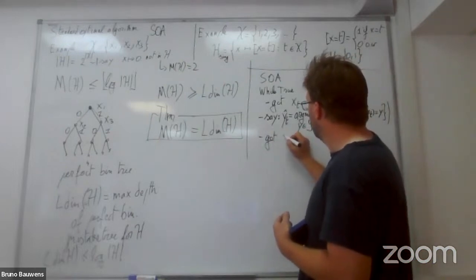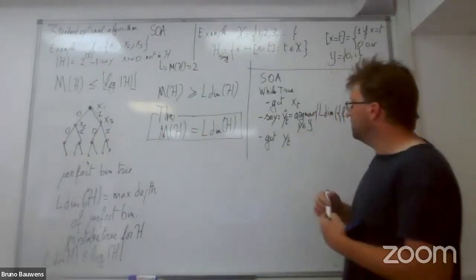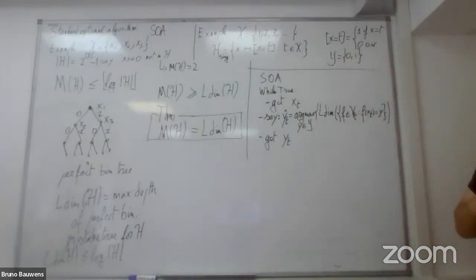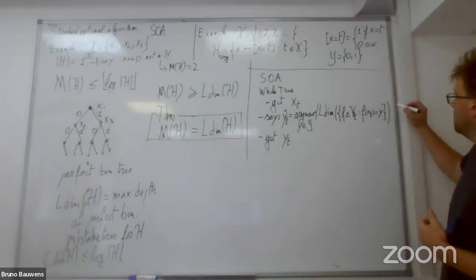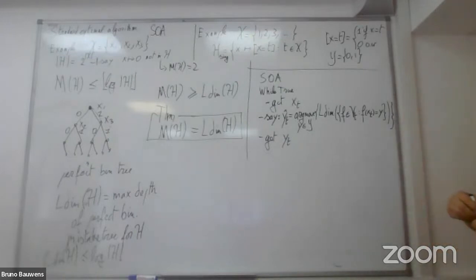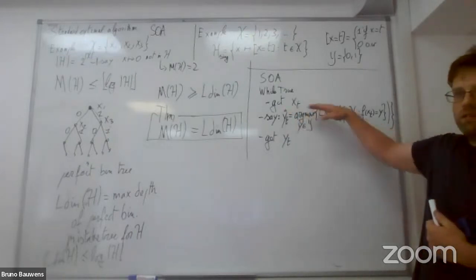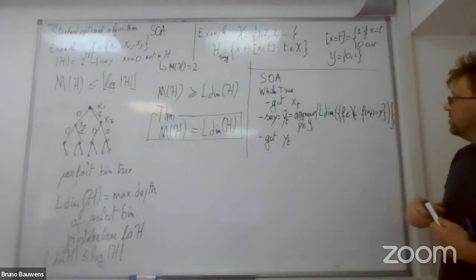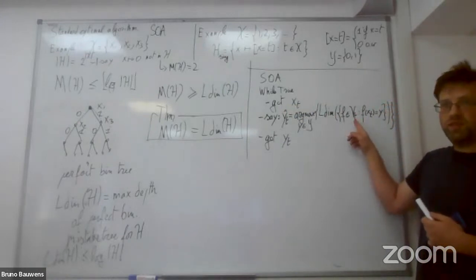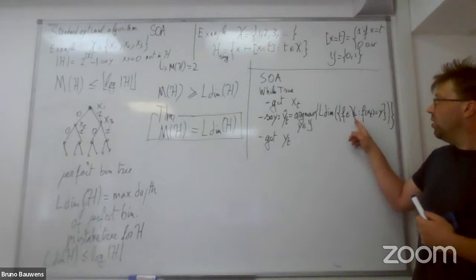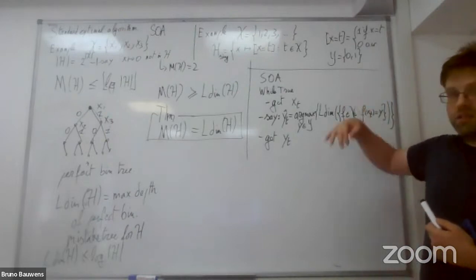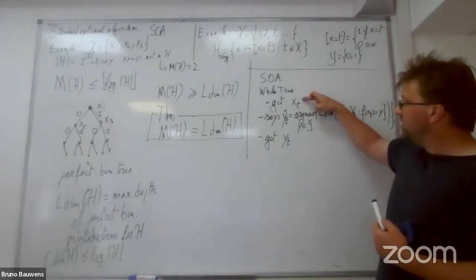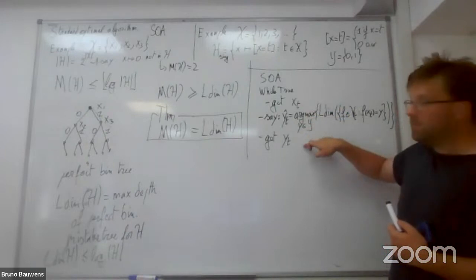And now we get the correct label YT. Okay, so the only thing that we need to understand is this line. Here, VT denotes the version space: all functions that are consistent with previously received input-output pairs.